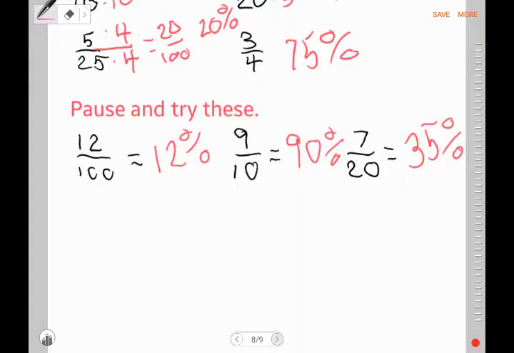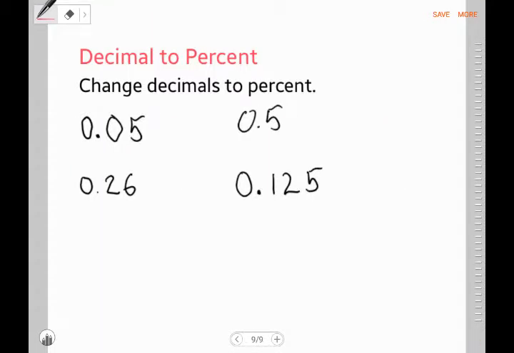Okay, now what about if you want to change a decimal to a percent? Well, let's read this decimal the right way. 5 hundredths. 5 out of 100, that's going to be 5%. Now, as I move through these, I should probably understand what we're actually doing.